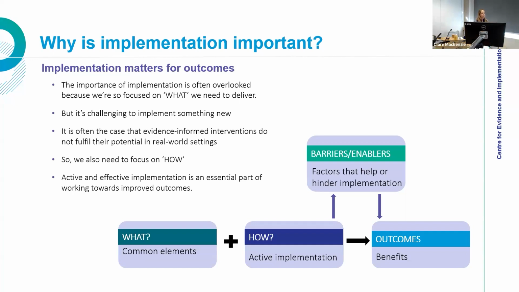So we really need to focus on the how, as well as looking in depth at the barriers and the enablers, those factors that can help or support implementation. So active, effective implementation, we want to highlight that it's an essential part of this process. It has to be there in order for you to see positive outcomes and benefits and to bring this lovely equation image here to fruition.